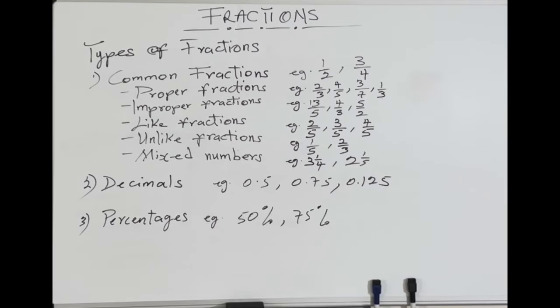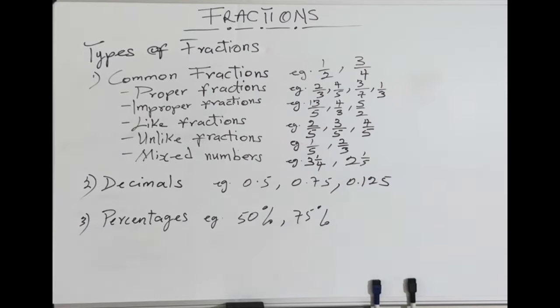Under the common fractions, we have proper fractions. A proper fraction is a fraction in which the numerator is less than the denominator. We move to the improper fraction. It's the opposite of the proper fraction. The improper fraction has its numerator greater than the denominator.